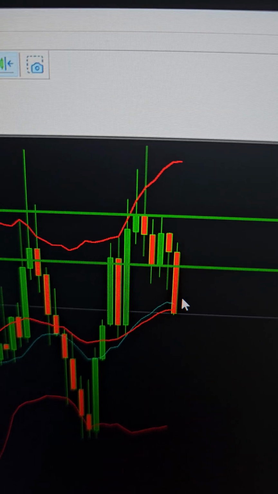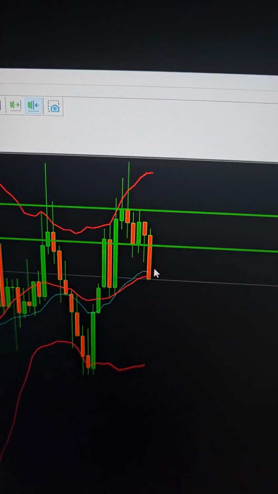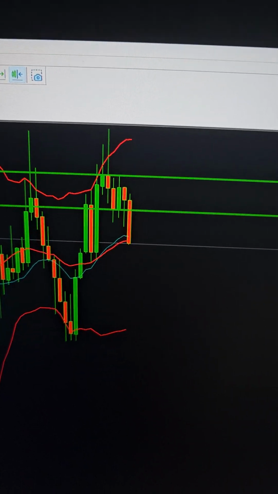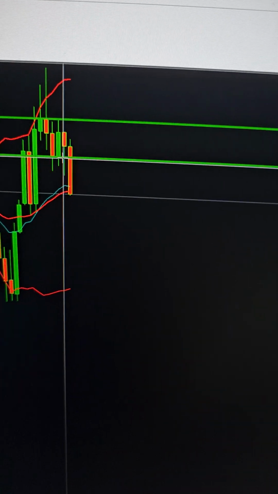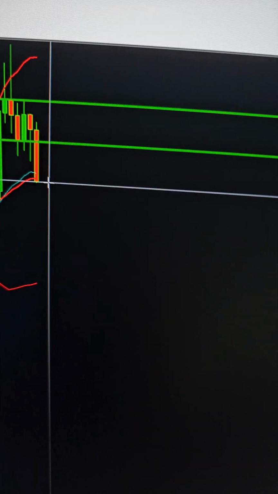Price was moving in this range, and then finally for the month of September, we saw price break this support, and now we've dumped to the middle line Bollinger Band on the monthly.